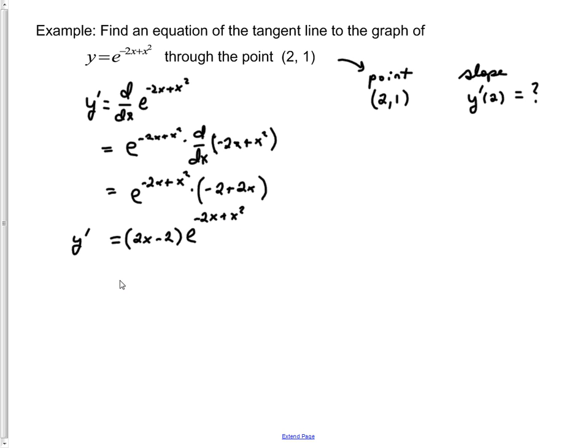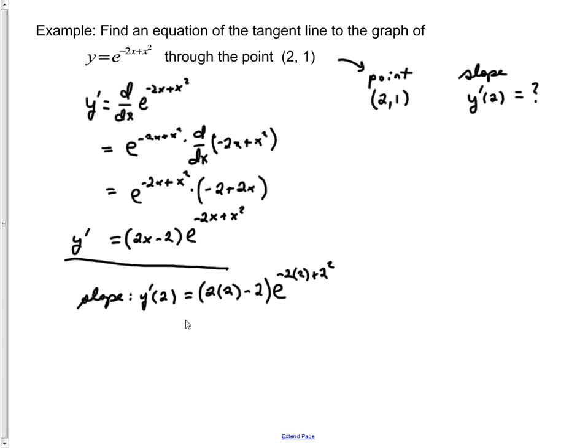Okay, so now if we want to get our slope, we're going to take the derivative and evaluate it at x equals 2. So y prime of 2, that's going to be 2 times 2 minus 2 times e to the negative 2 times 2 plus 2 squared.